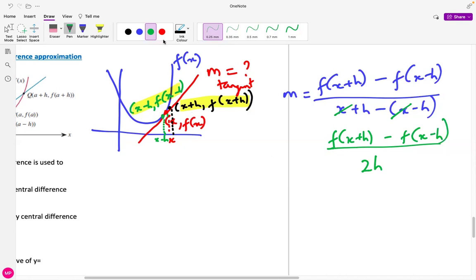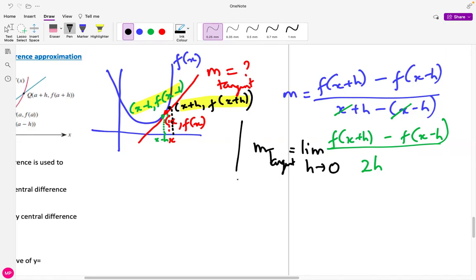And if we want that to be the gradient of a tangent, those 3 points must be identical. And because they're identical, h will need to be 0. So that's where we do the limit of h approaching 0.